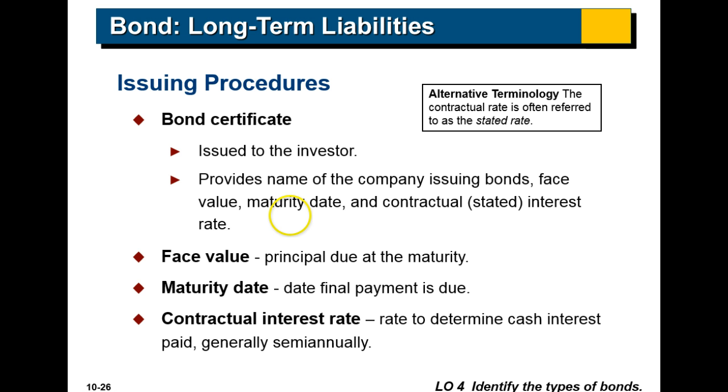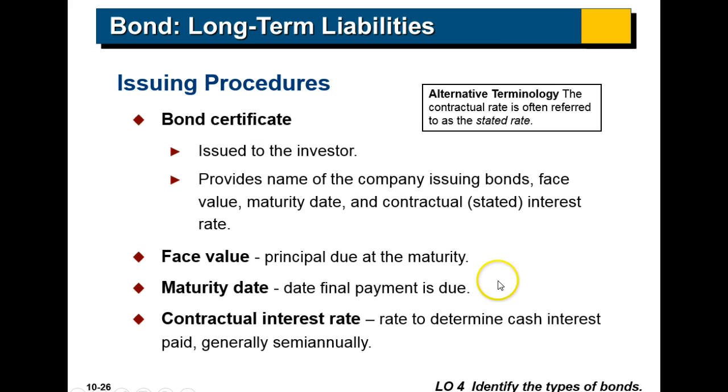So generally with bonds, you'll see something that says, here's a $1,000 bond due December 31st, 2017 at a stated interest rate of 4%. Okay? That's how the bond certificate looks.